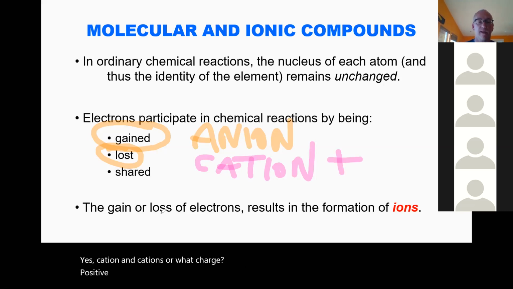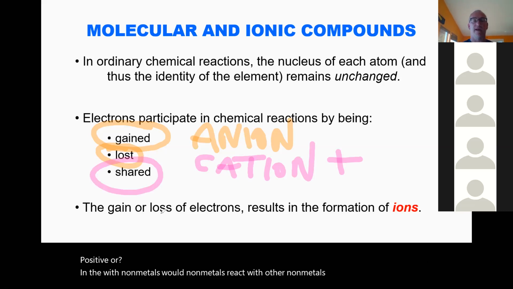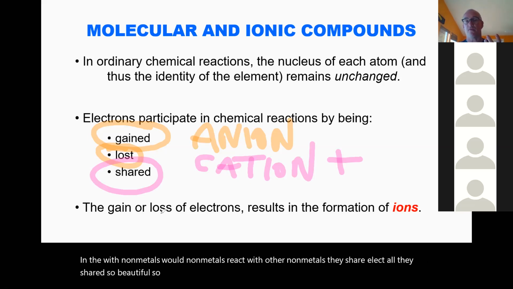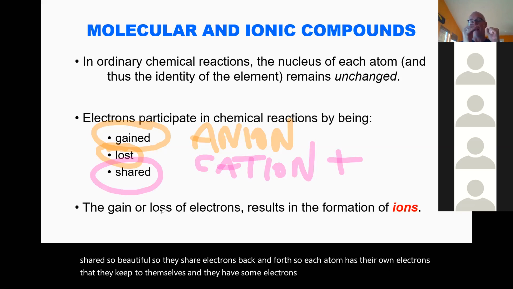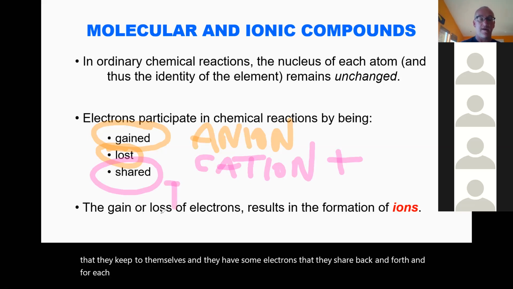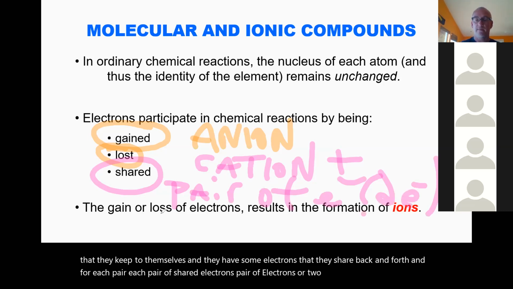Or, when nonmetals react with other nonmetals, they share electrons back and forth. Each atom has its own electrons that it keeps to itself, and they have some electrons that they share back and forth. And each pair of shared electrons, or two electrons, is one bond.